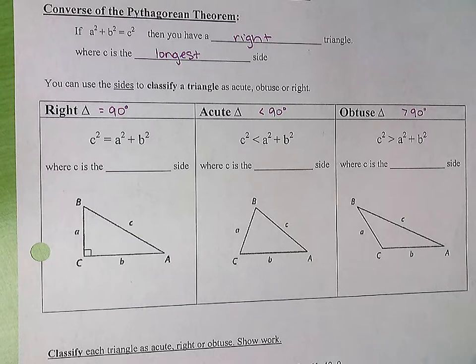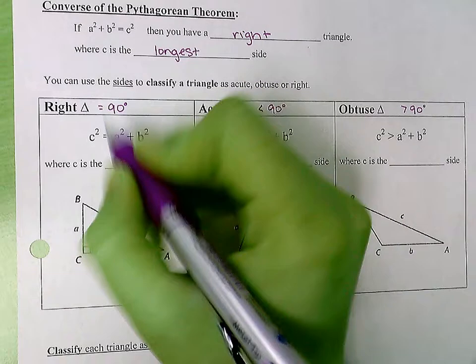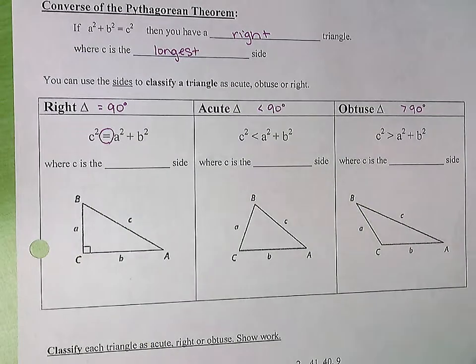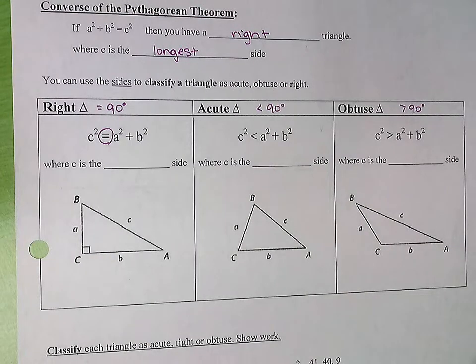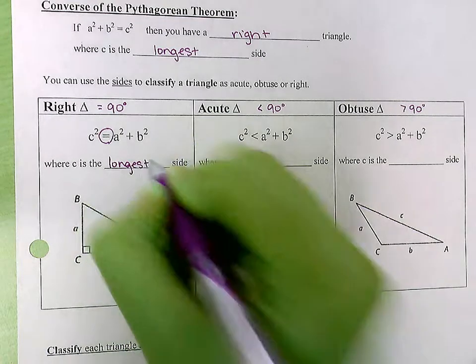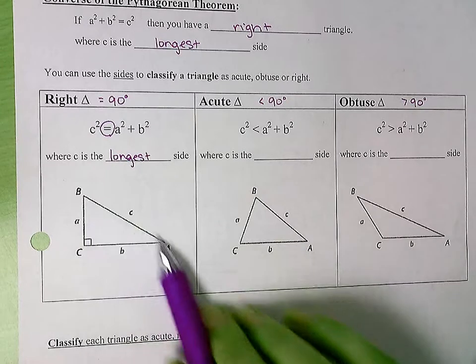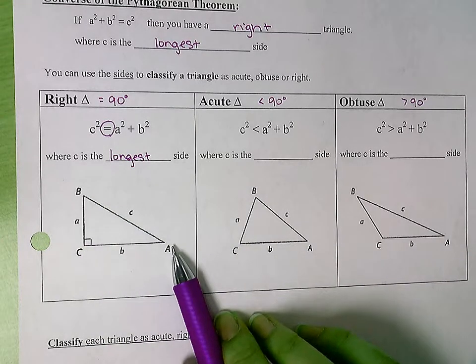To see that, I can use the Pythagorean theorem. With a right triangle, you're going to have those equal, just like we were using before. Your c squared value will be equal to a squared plus b squared, where c is the hypotenuse, the longest side.